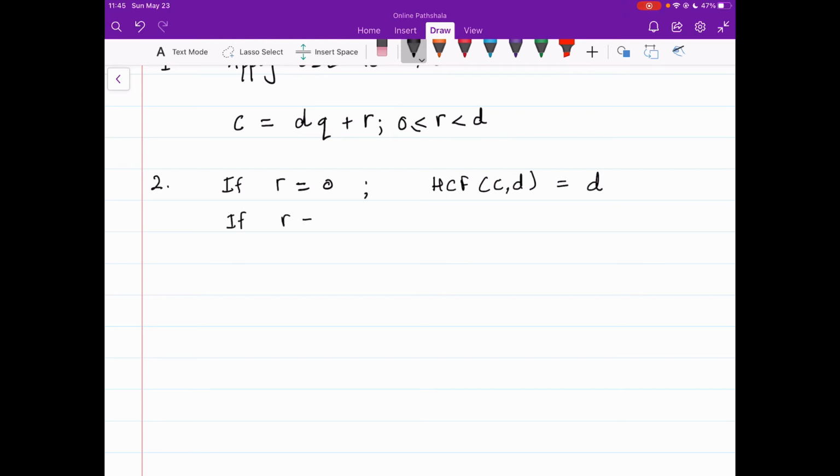Now if the remainder is not equal to 0, that means you still have a remainder after applying Euclid's division lemma earlier.